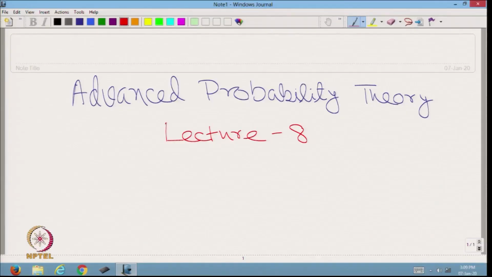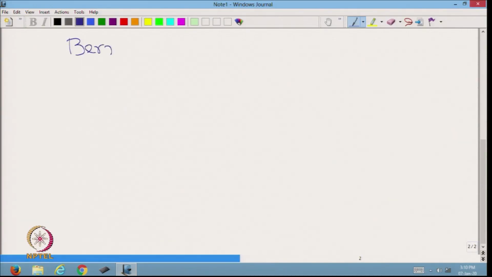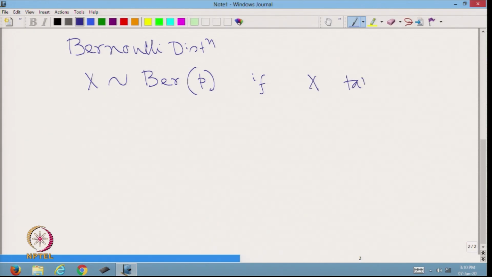So, if you remember, we started with the Bernoulli distribution. That is, X is distributed as Bernoulli(p) if X takes two values: one with probability p and 0 with probability q, which is equal to 1 minus p, where 0 < p < 1.